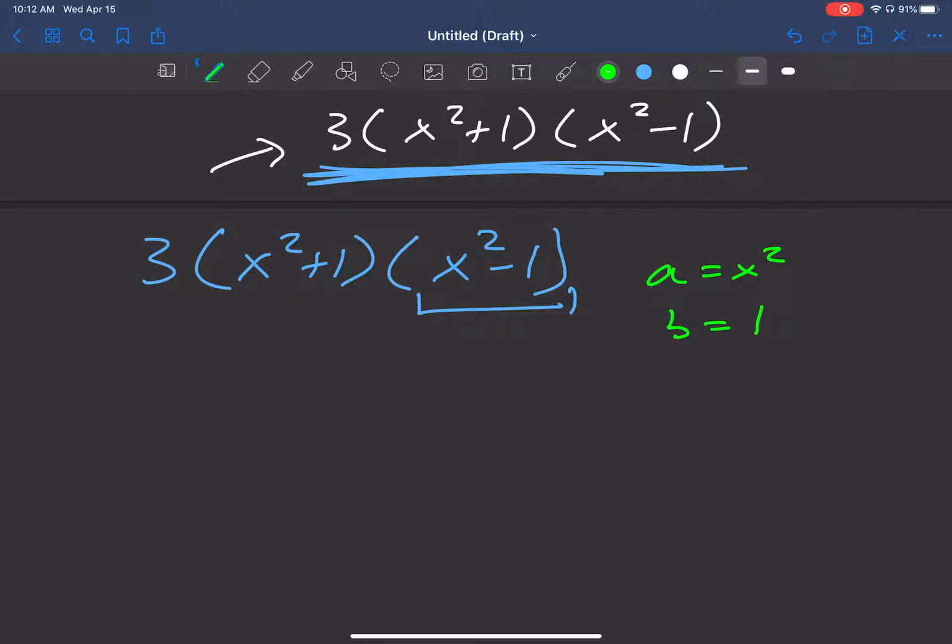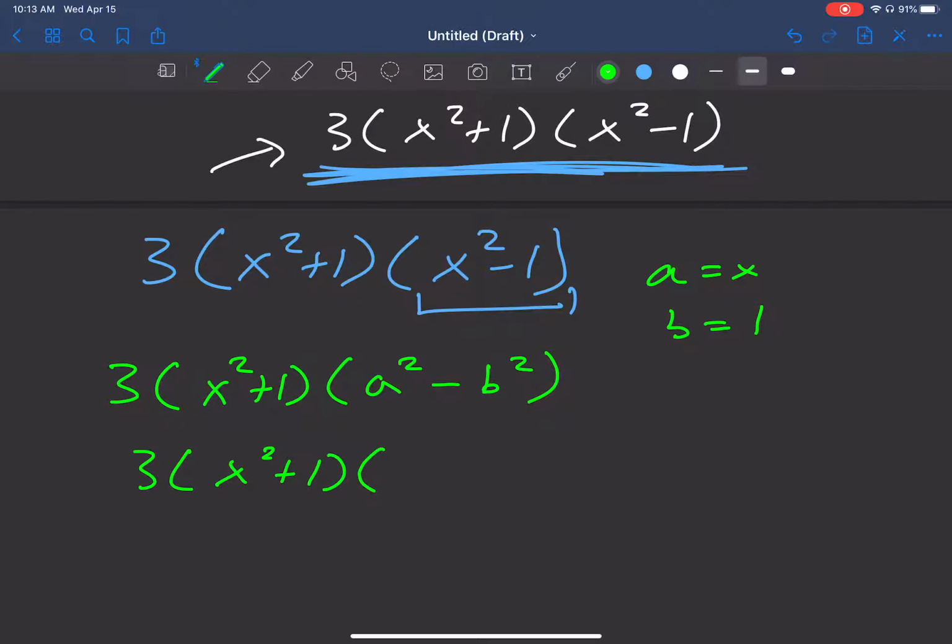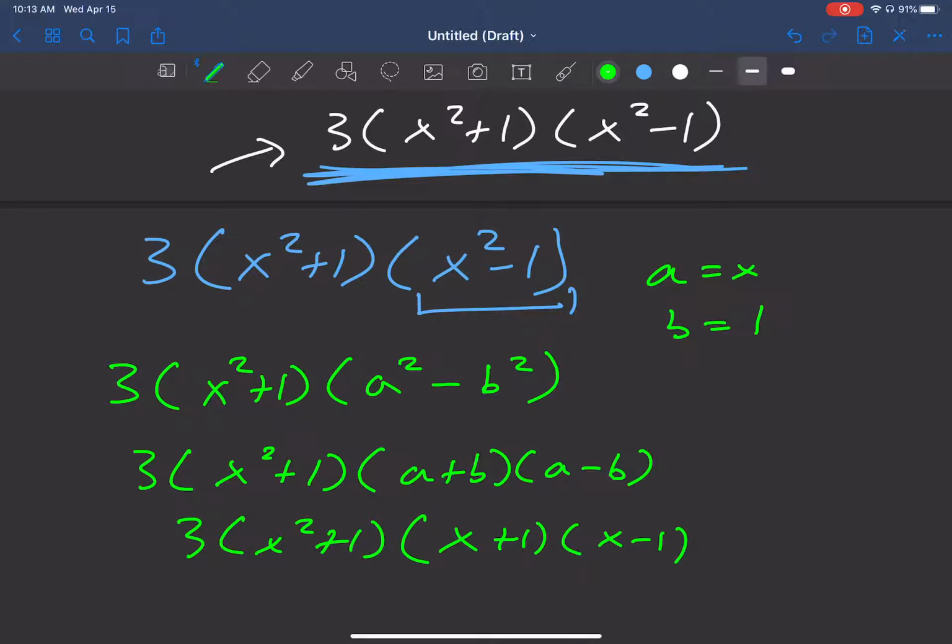So now what you're really going to have is 3 times (x squared plus 1) times (a squared minus b squared), which is 3 times (x squared plus 1) times (a plus b)(a minus b), where instead of a being x squared, you get (x plus 1)(x minus 1). And of course, now this leads you to D.